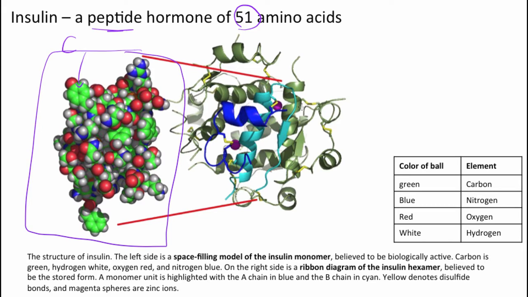We think that's the active part, but it sticks together with 5 other identical molecules, and the other 5 are the green background here, to form a hexamer. This part right here is the active peptide hormone that's going to bind to that receptor.